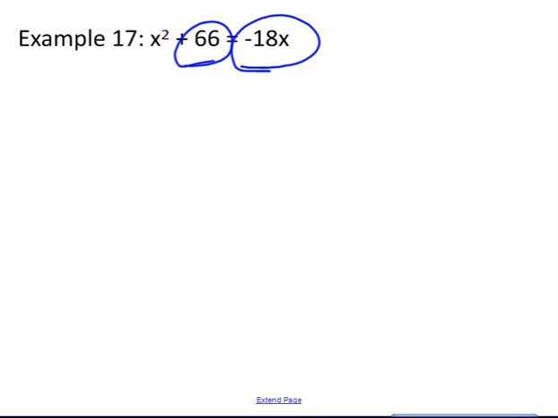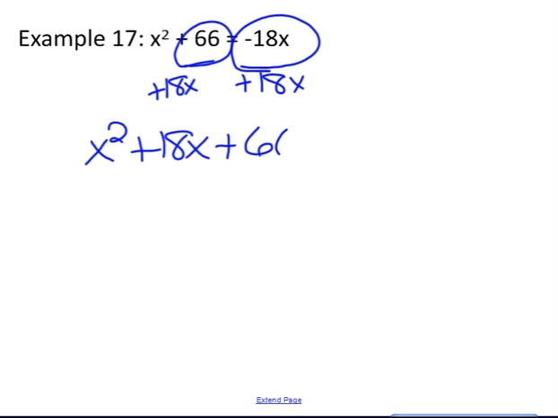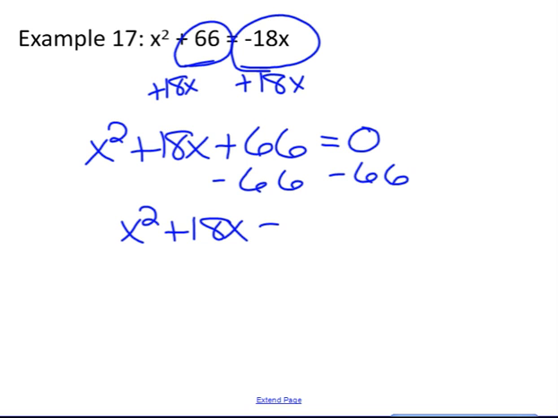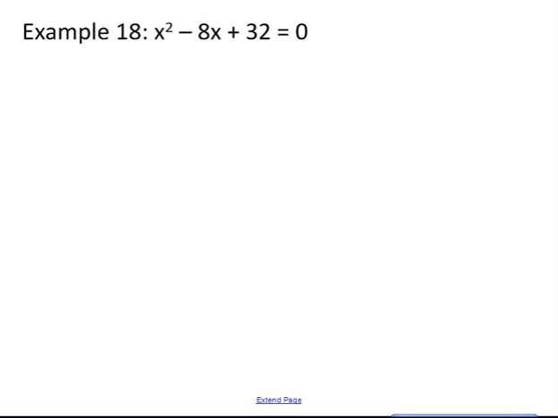So I need to add 18x because I need my x on the left-hand side, but I need my constant on the right-hand side, so I'm going to subtract 66. X squared plus 18x is equal to negative 66. I do want you to finish this one on your own. Let me know if you have questions tomorrow in class. Example 18, I'm going to have you work on your own.